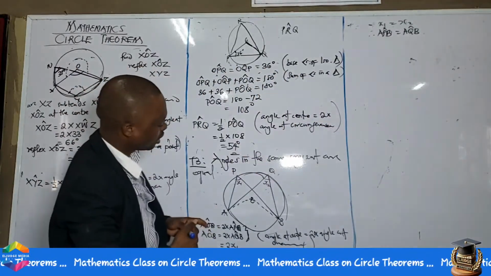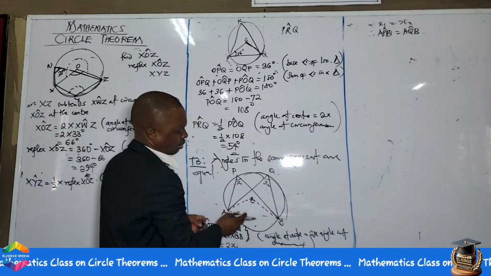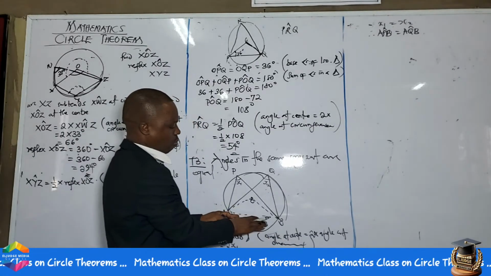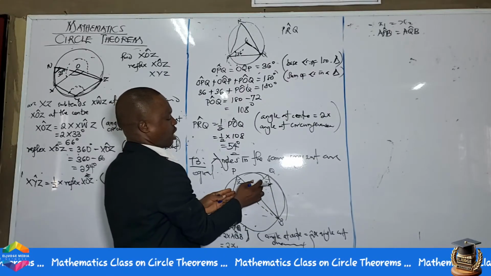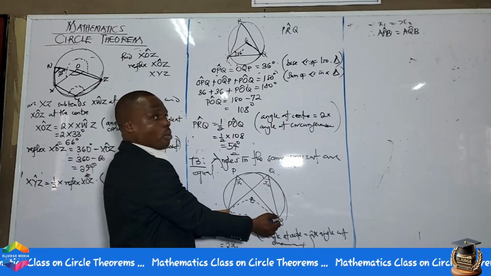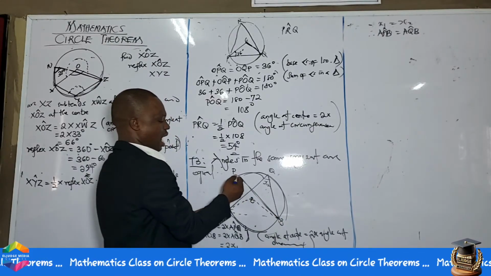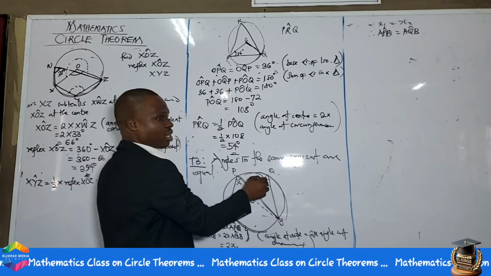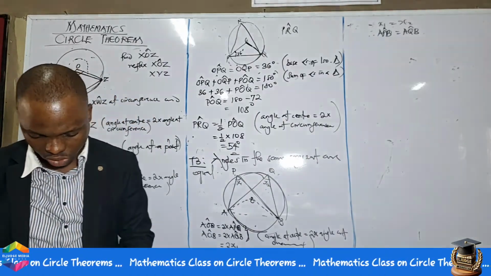Can you see from this diagram? You can see this like a chord. This chord divides this into minor segment and major segment. These two angles are in the major segment. Therefore, since they are subtended by the same arc, they are equal. So S1 equals S2, and that's how to solve such questions.